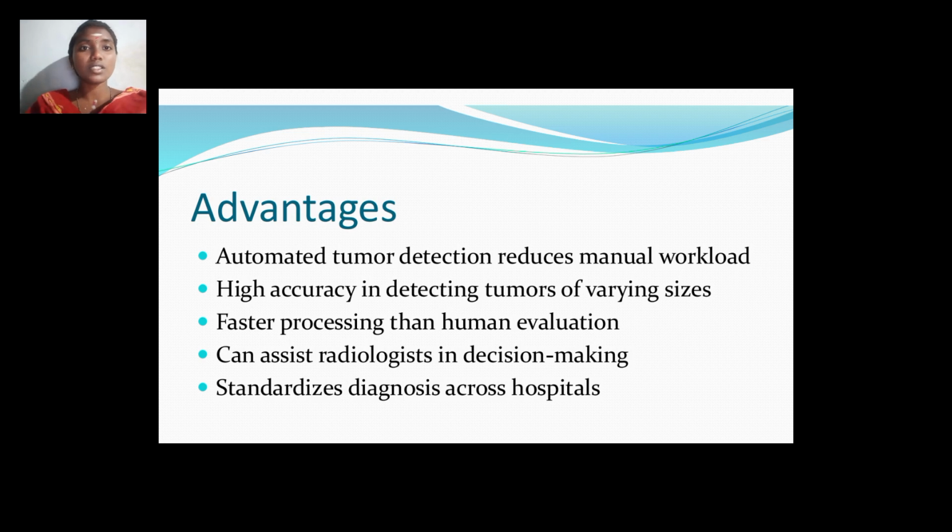It can assist radiologists in decision making, such as deciding which type of radiotherapy is provided for treatment, and it standardizes diagnosis across hospitals.